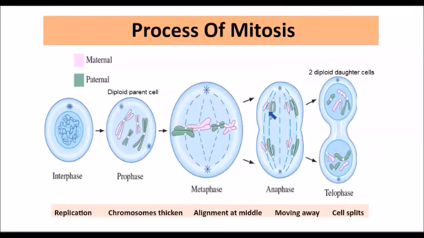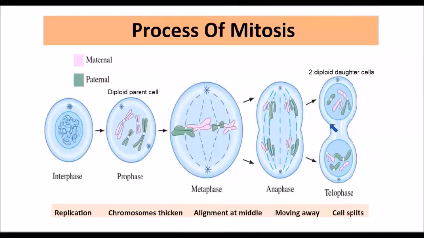They're now existing as individual sister chromatids going to opposite ends of the cell. They're moving away from each other, separating from each other. That's what happens at anaphase. And you can see that the cell is now starting to cleave in the middle in preparation for the actual cell dividing.